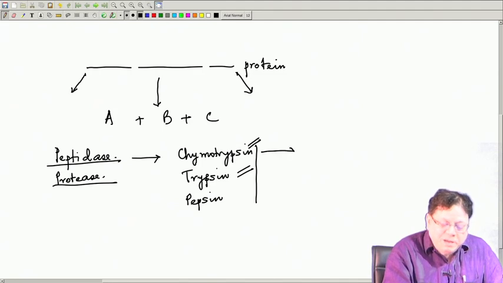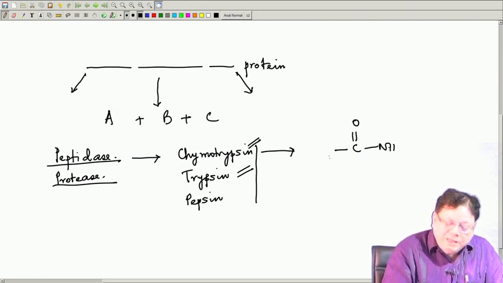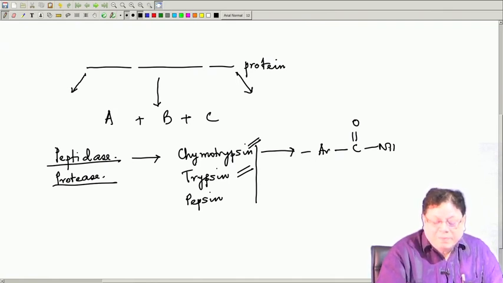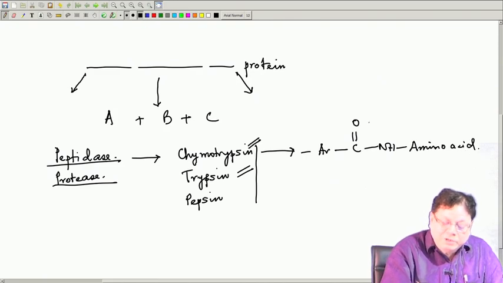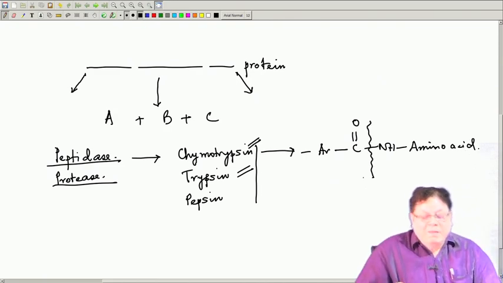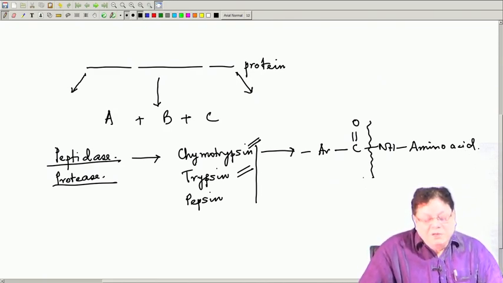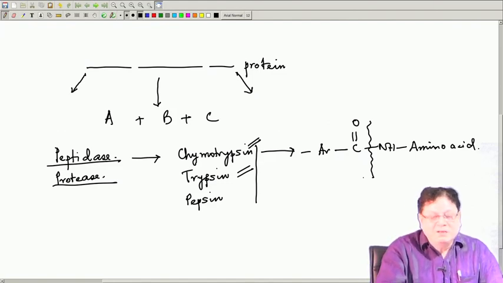Like chymotrypsin. What it does is, if you have a peptide bond CONH, and there is an aromatic amino acid on this side and another amino acid on this side, then chymotrypsin cleaves the peptide bond between this aromatic amino acid and the other amino acid toward the C terminus end.